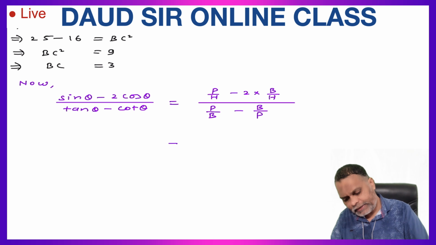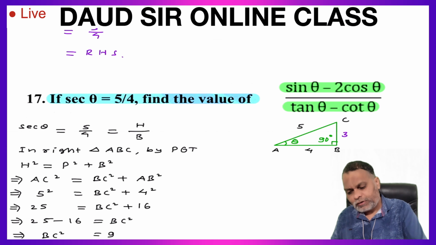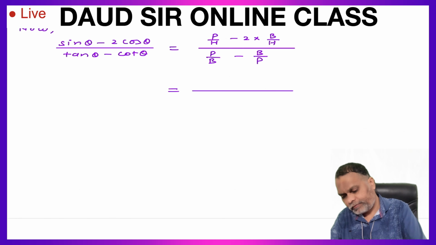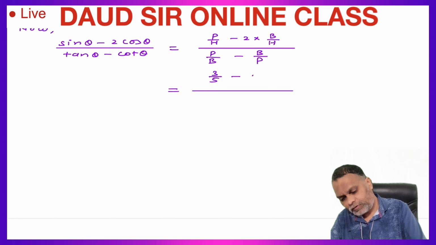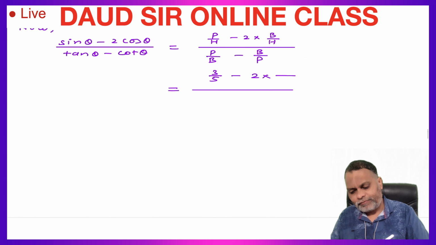Substitute the values directly. Perpendicular upon hypo, so perpendicular 3 and hypo 5, so 3 upon 5, minus 2 into base upon hypo. Base is 4 and hypo is 5, 4 upon 5.